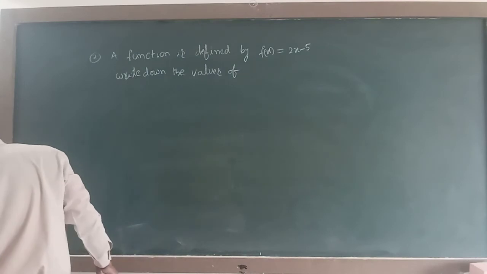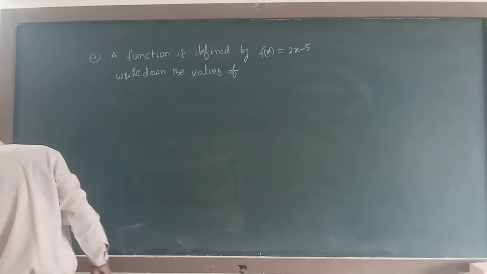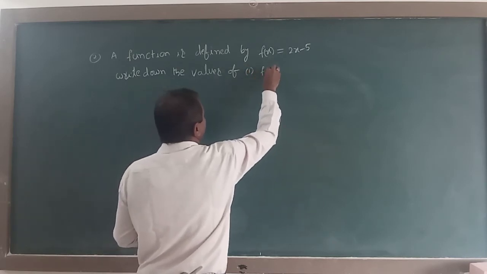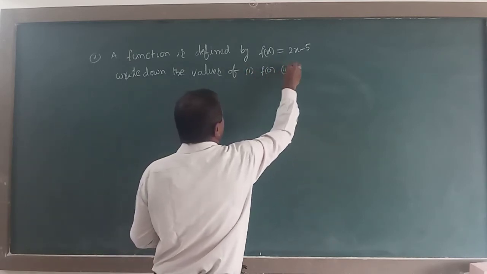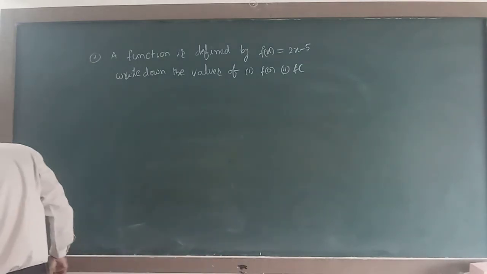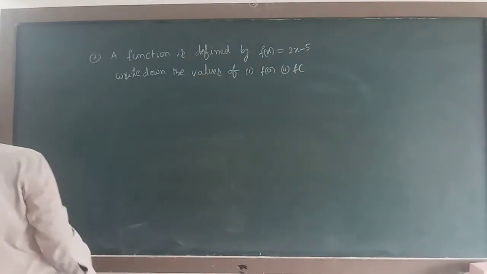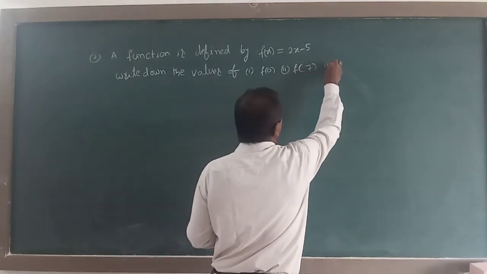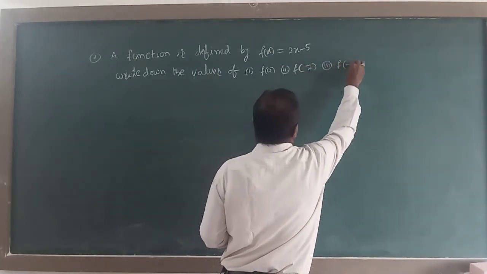Write down the values of f of 0. First question is f of 0, and second question is f of 7, and third question is f of minus 3 here.